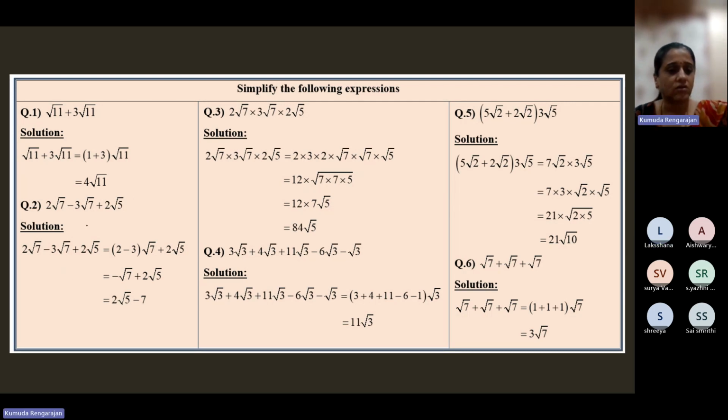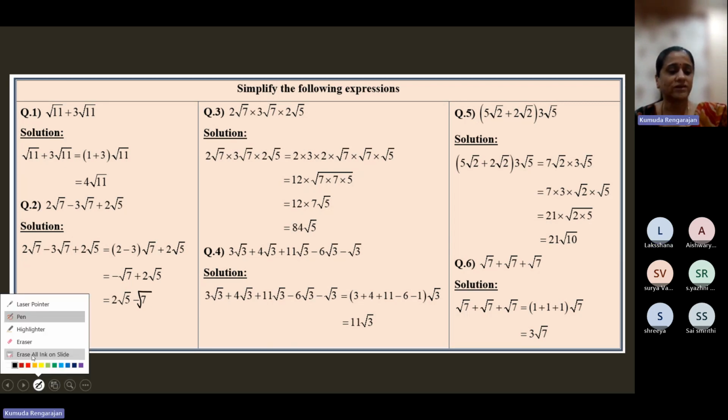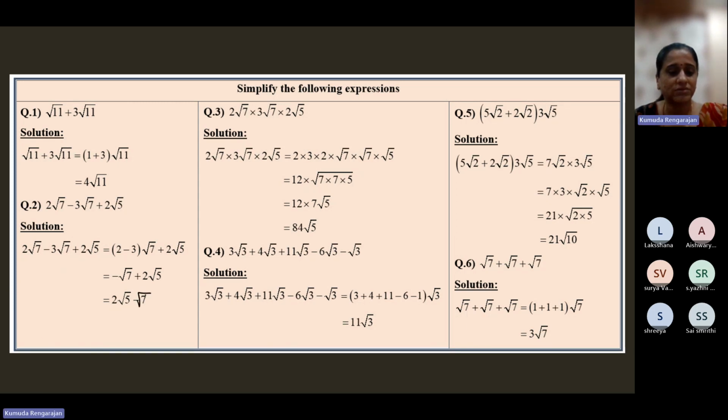Let me just check. 2 root 7 minus 2 minus 3 root 7 plus 5. Oh, I've forgotten to type this root, correct? Yes. Typing mistake. Okay, thank you.